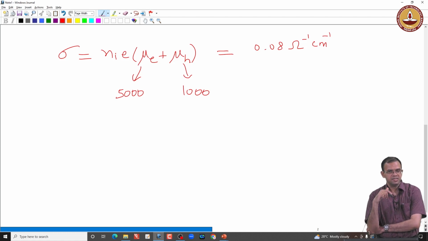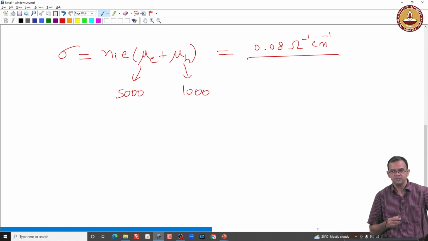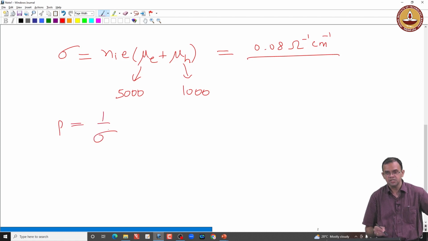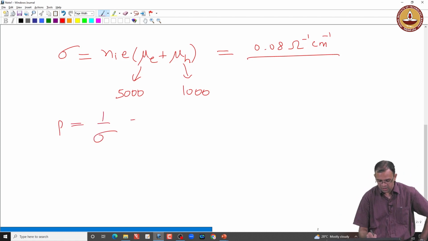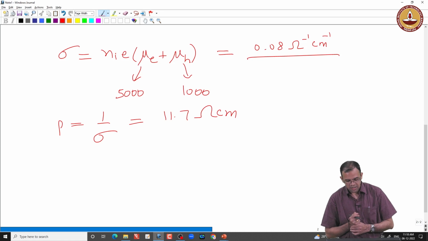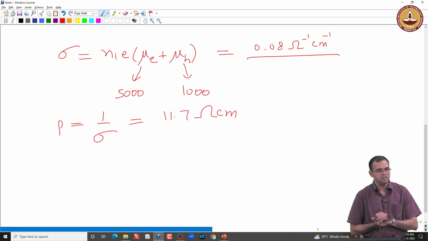So let us again try to put this into perspective. If this is sigma, how do I calculate the resistivity? What is rho? So rho is just 1 over sigma, right? Just the inverse of the conductivity. So that gives me a rho of 11.7 ohm centimeter. It's just the inverse. So can someone convert ohm centimeters to ohm meters for me?